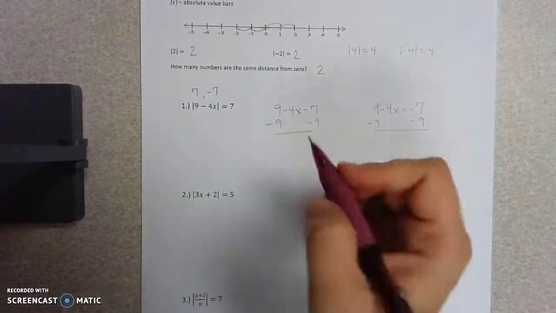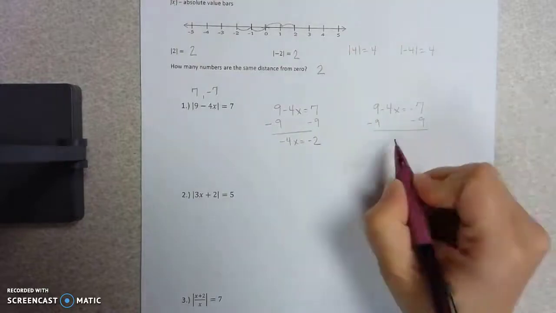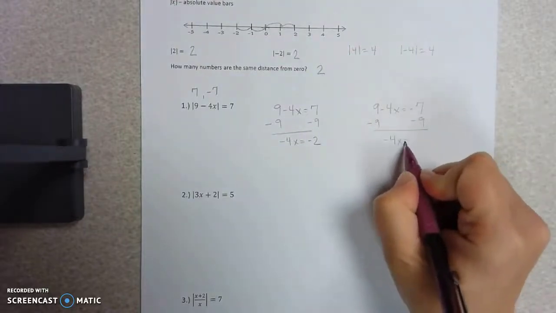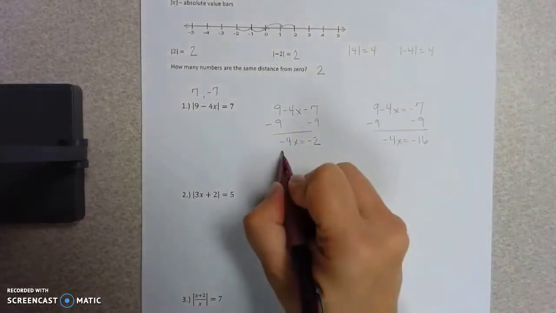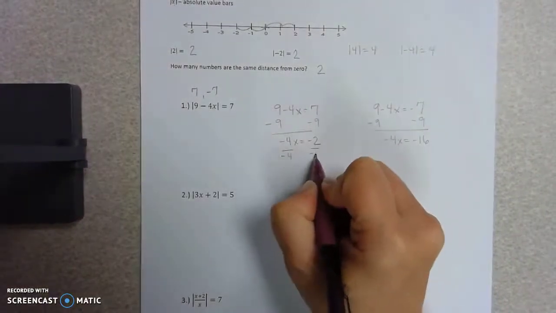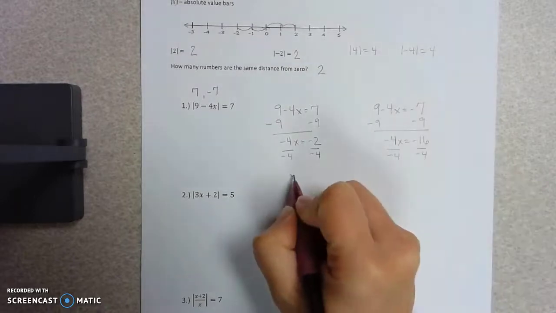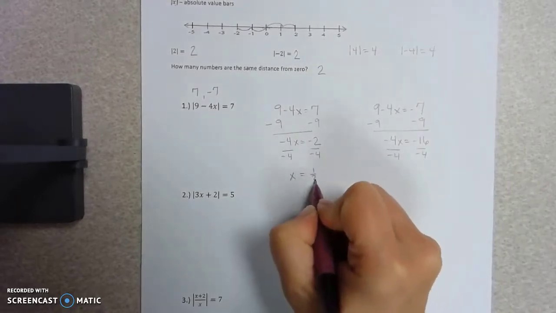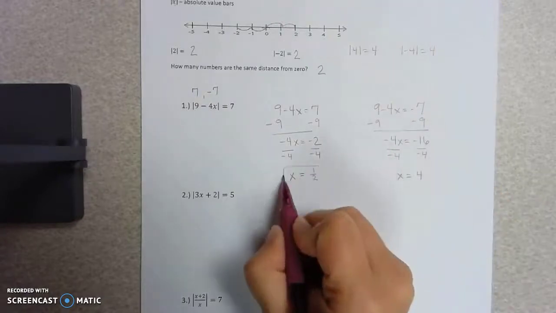That leaves me negative 4x equals negative 2, and negative 4x equals negative 16. Then I'm going to divide by negative 4 on both equations, and that gives me x equals 1/2 and x equals 4.